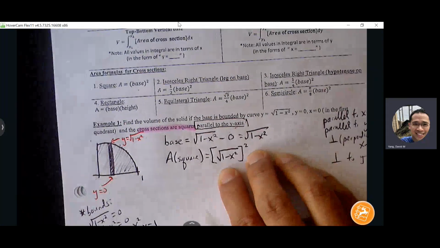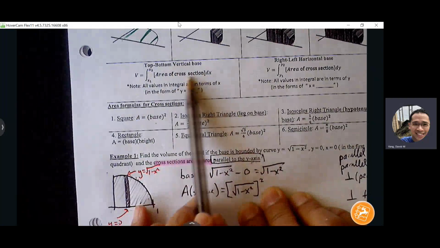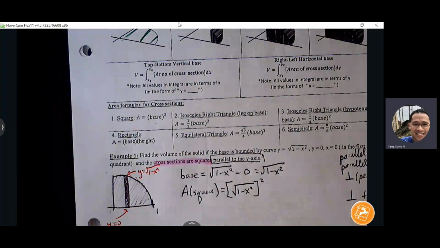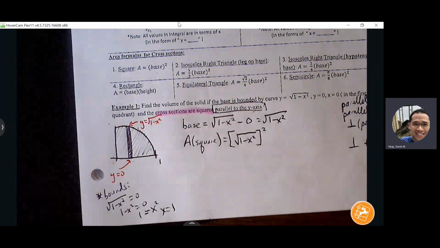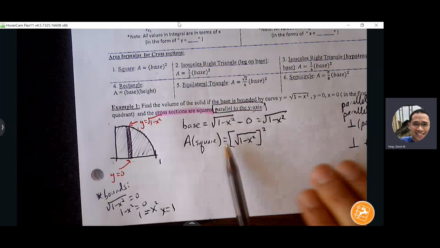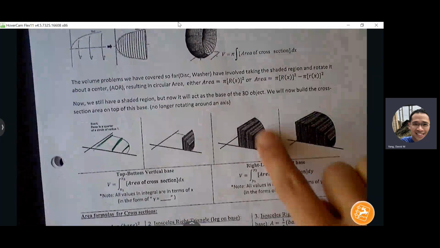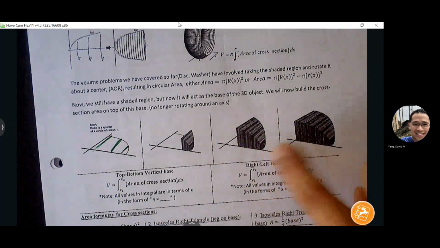Now, once I have my area and my bounds, now I can put it into my volume formula. Before it was pi r squared, and then inserting and then putting integral and dx on either side. Now we're taking our area, whatever it is, and now we found the area of one of the squares, and now we're going to accumulate that over the entire interval so that we can add up all these infinitely thin areas of squares.